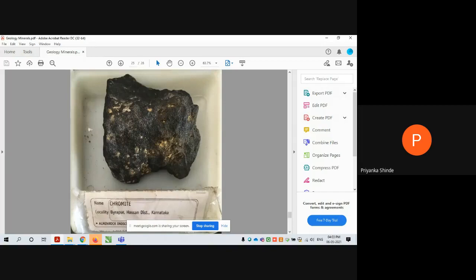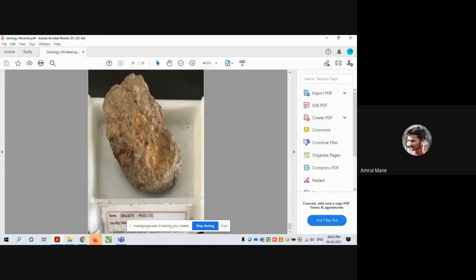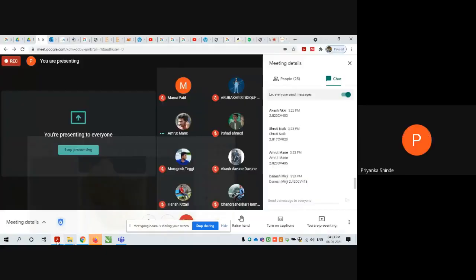Naturally occurring? No, all the minerals are naturally occurring, no doubt in that. Here nothing is artificially prepared. All the minerals what you have seen are naturally formed.